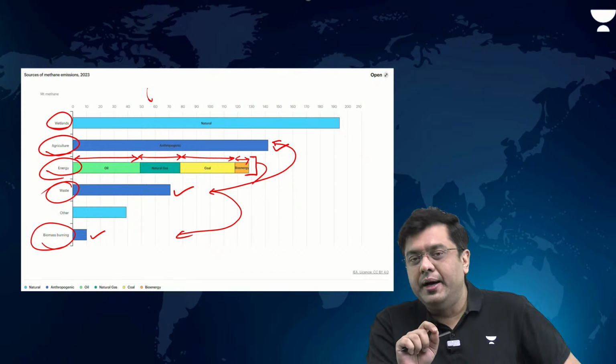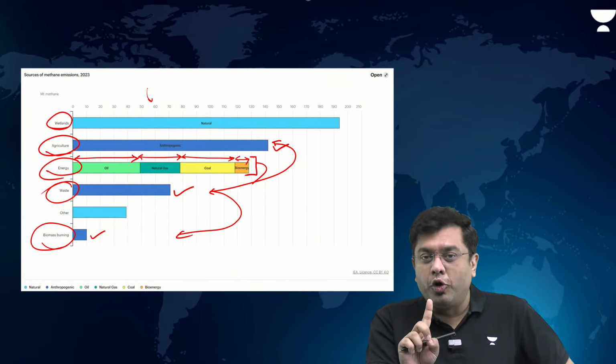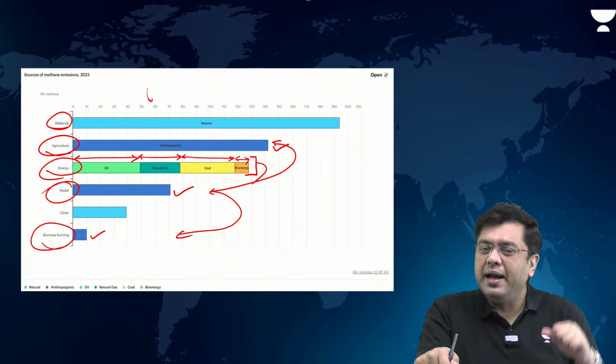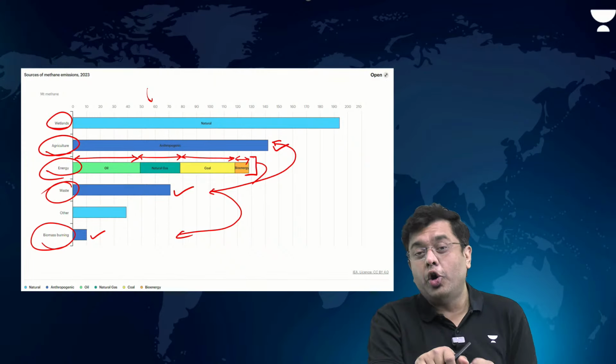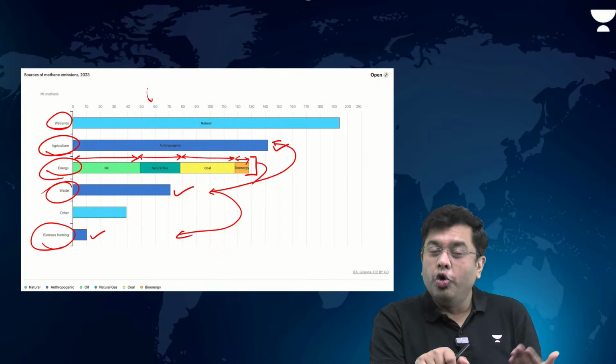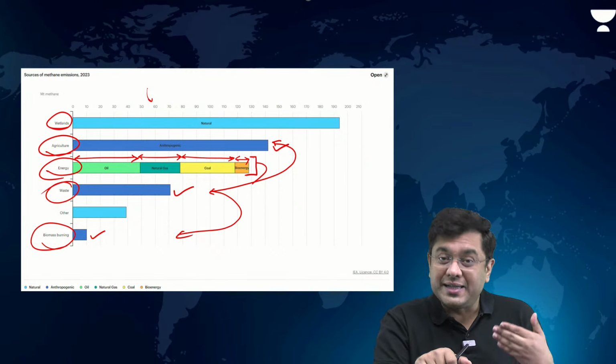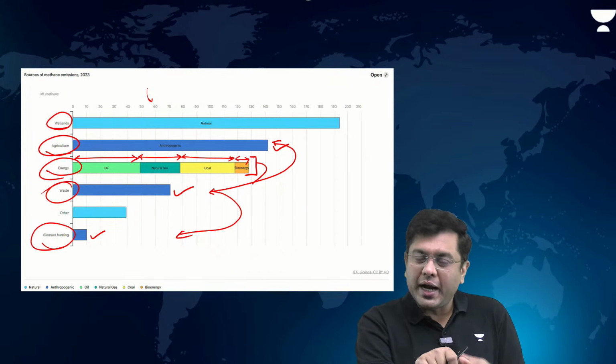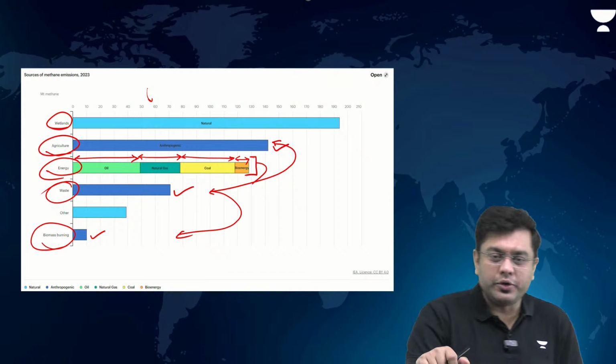There is a bigger fear that if the permafrosts of the world, the permanently frozen areas in the higher latitudes, particularly in the northern hemisphere, start to melt due to global warming, that will also lead to continued methane emissions.